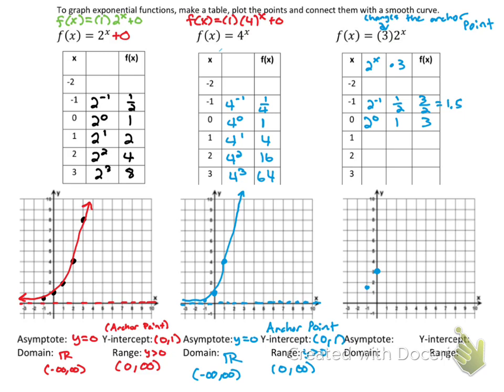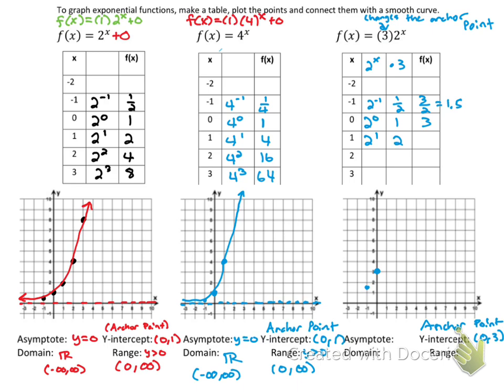What was A? 3. A was 3. What's our anchor point? 0, 3. Good, Jasmine. Good. All right, that's showing that new anchor point. It's going to be a vertical stretch there. Okay. Now, 1. What's 2 to the first power? 2 to the first power is 2.